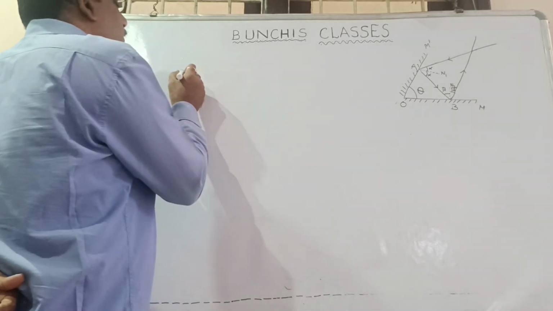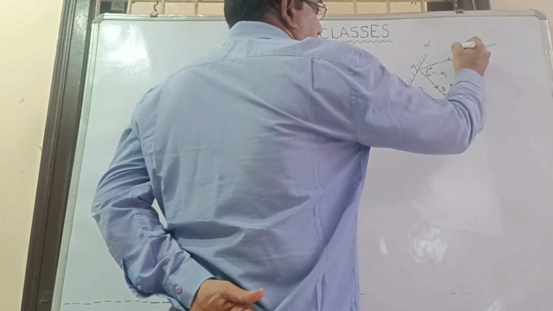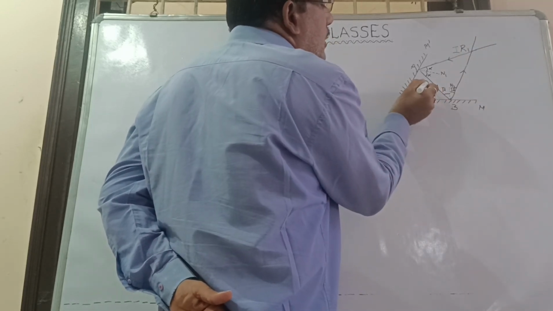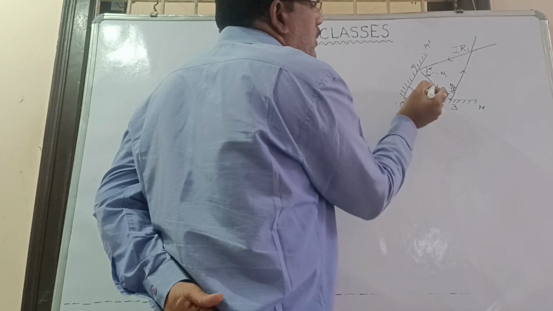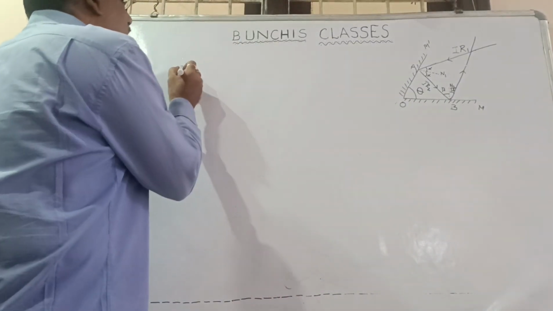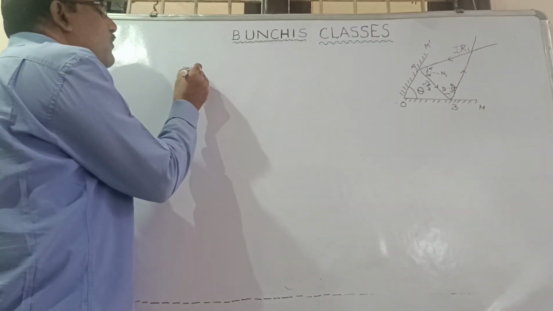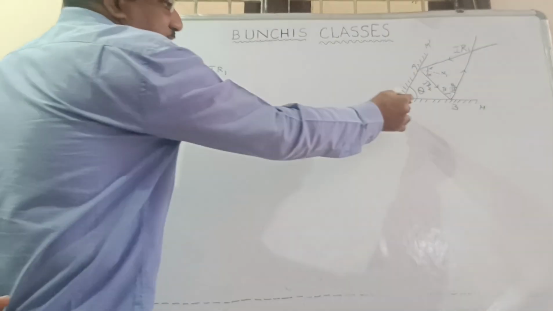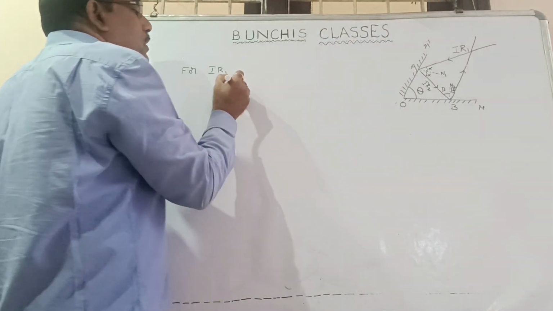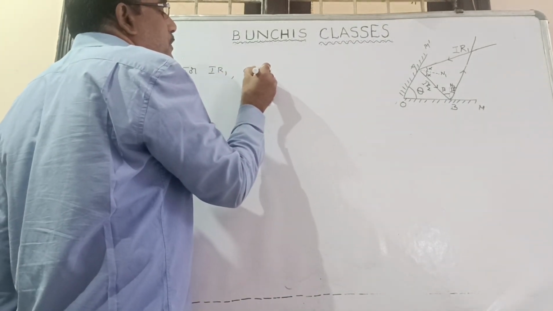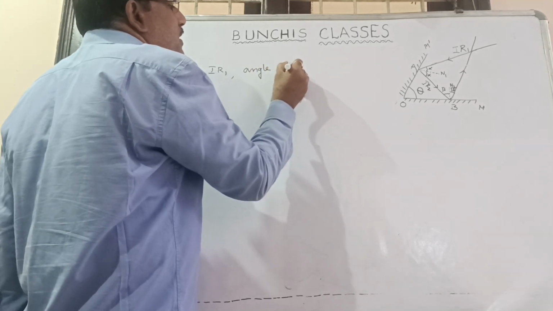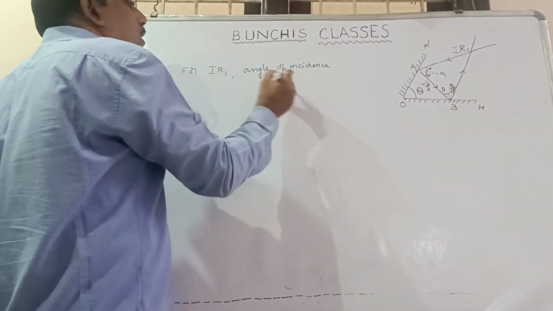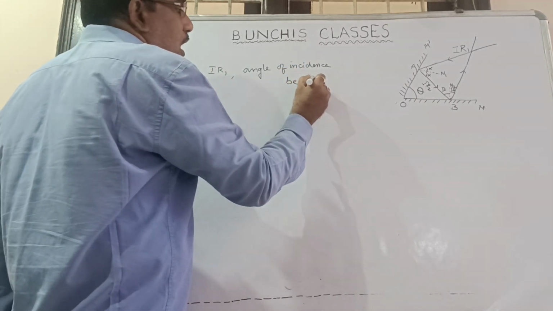Let us see, this is IR1, incident ray 1. This is incident ray 2. For IR1, incident ray 1, that is falling on first mirror OM dash, the angle of incidence is alpha.